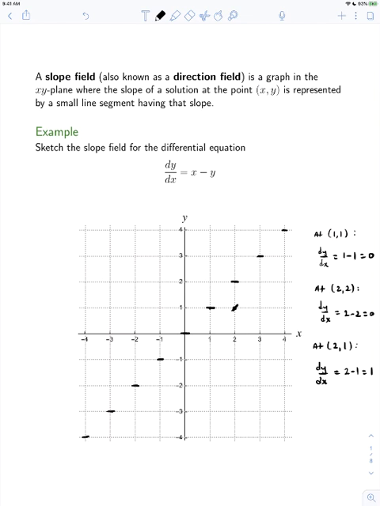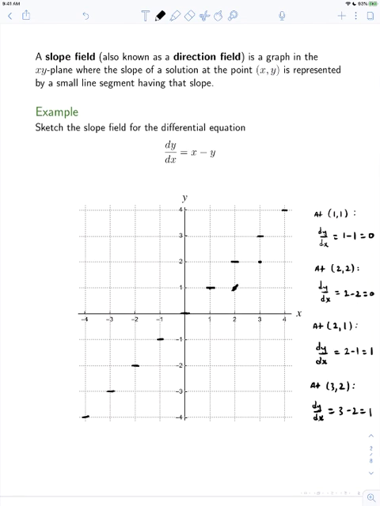Now there are plenty of other places like that. So for example, also at this point 3 comma 2, we have that dy dx is x minus y. 3 minus 2 is equal to 1. So at this point we draw not a horizontal line segment, but a small line segment with slope 1.